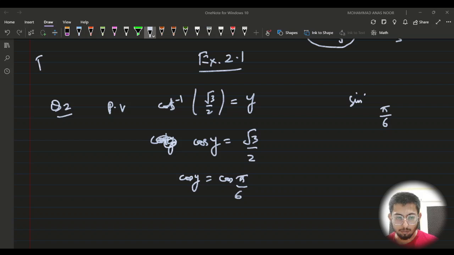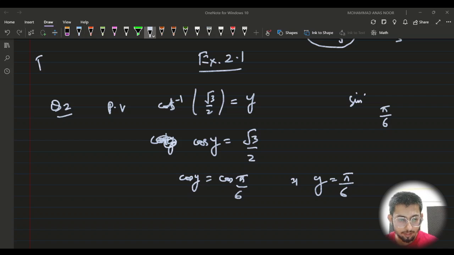So y is equal to pi by 6. A very easy question, right? All of them are easy, right? You can do them on your own, the first exercise.